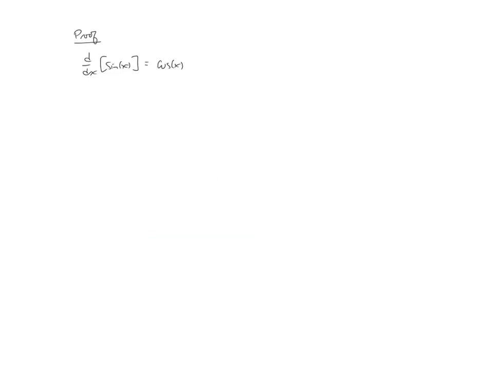All right, so we're going to prove the derivative of sine with respect to x is equal to cosine of x, and we're going to do so using the limit definition. So the limit as h goes to 0 of sine of x plus h minus sine of x, all over h.